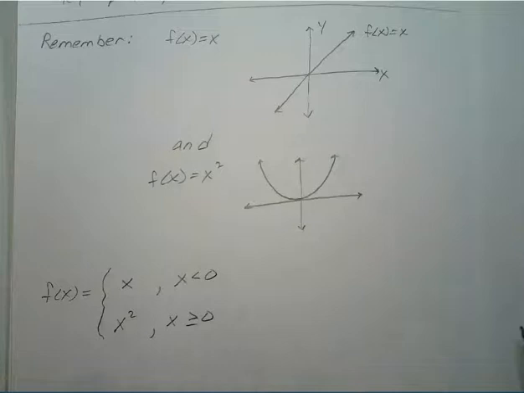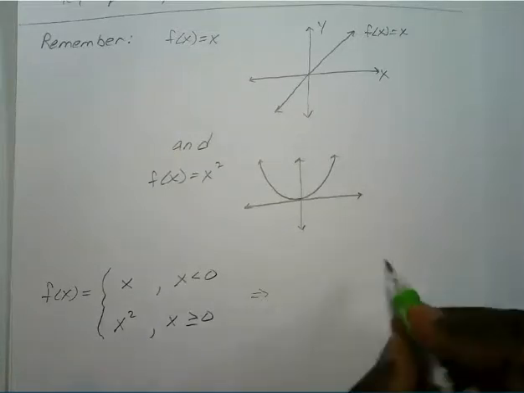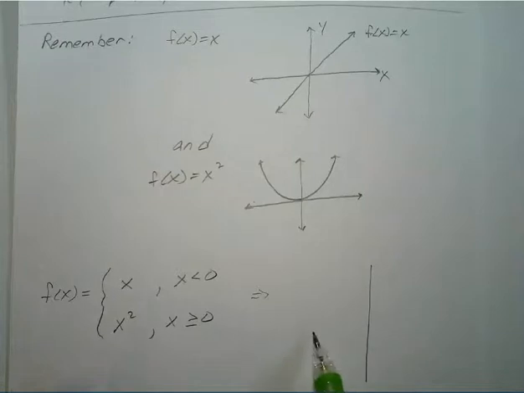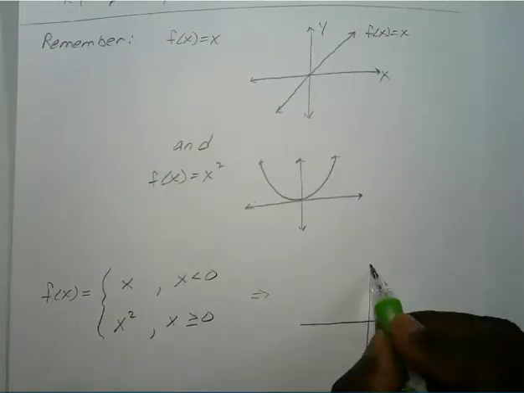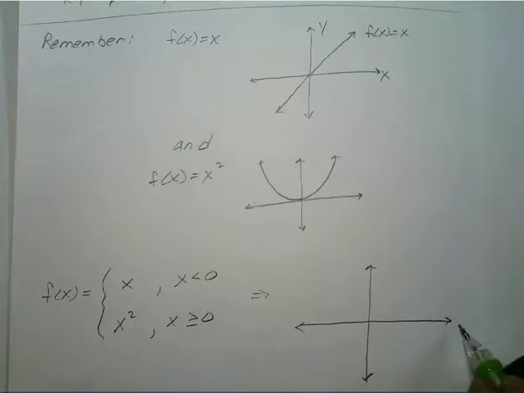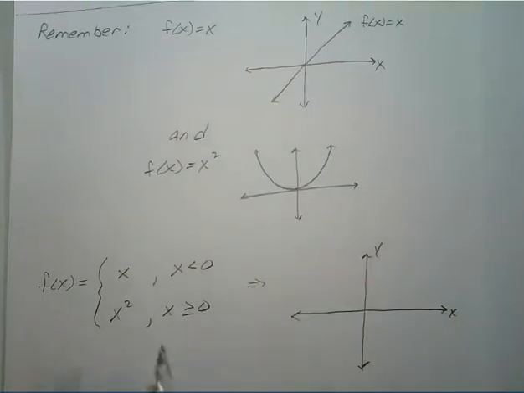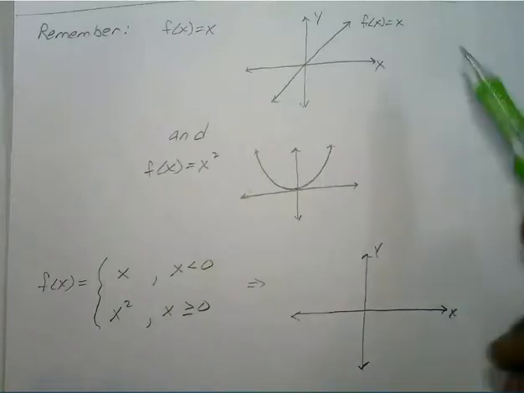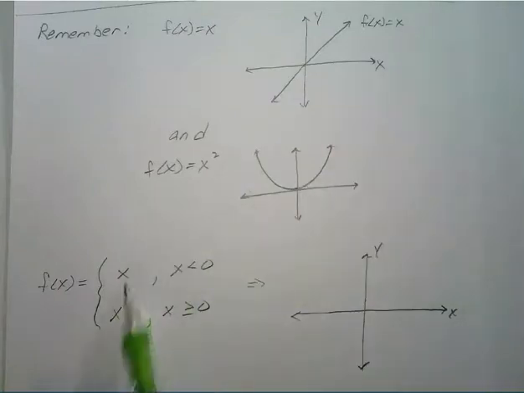If we draw our x and y axis, we can graph our piecewise function using those two functions, x and x squared.